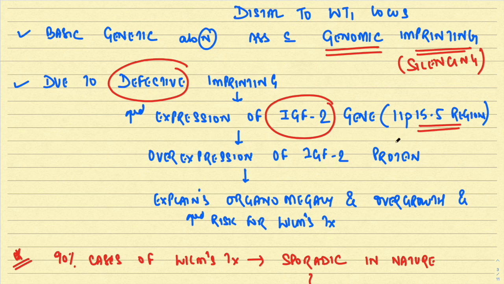This increased expression of the IGF2 gene leads to overexpression of IGF2 protein, which is responsible for the organomegaly as well as overgrowth, and also predisposes the patient to Wilms tumor. So this is all about the three important syndromes associated with Wilms tumor.